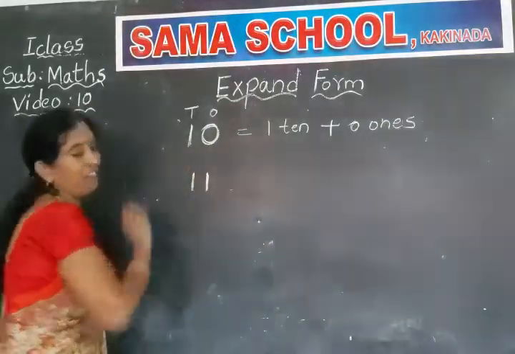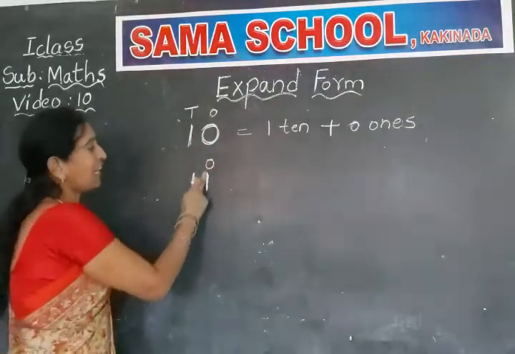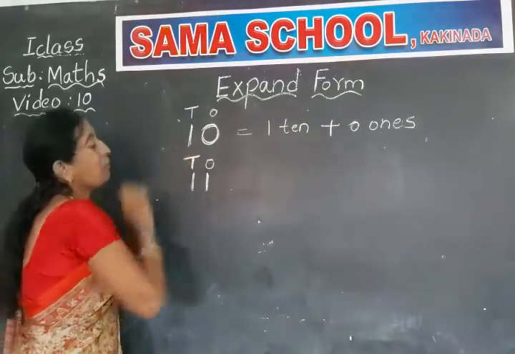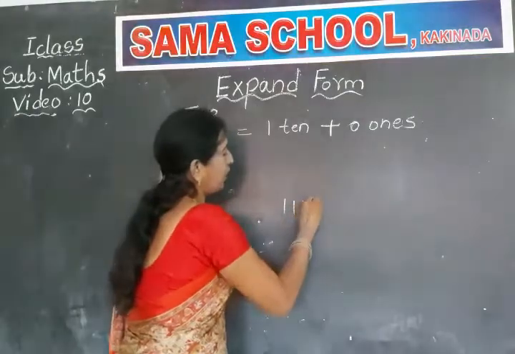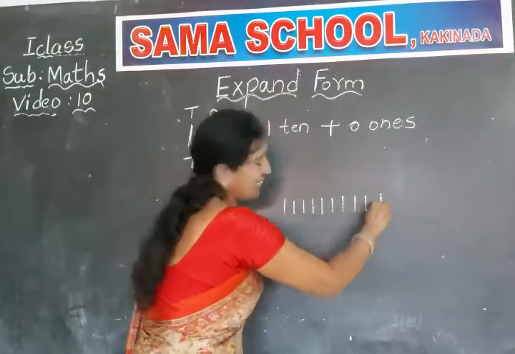See the 11. 11 means 1 in 1's place and this one is in 10's place. Here I will count 1, 2, 3, 4, 5, 6, 7, 8, 9, 10.